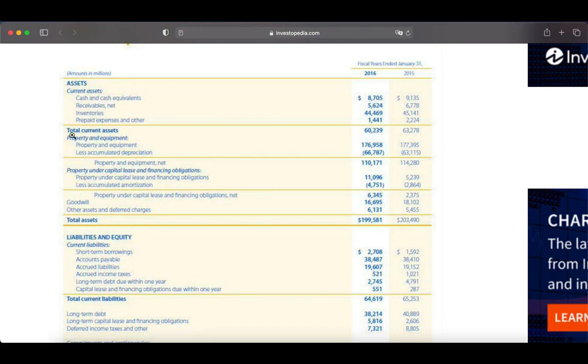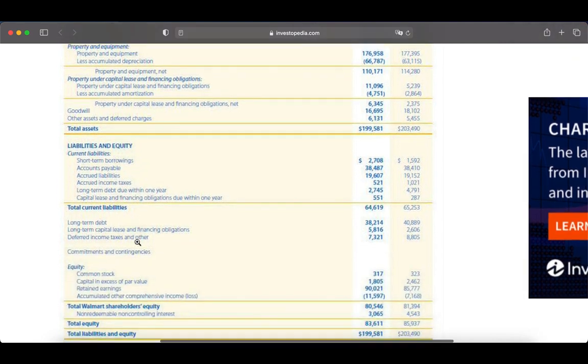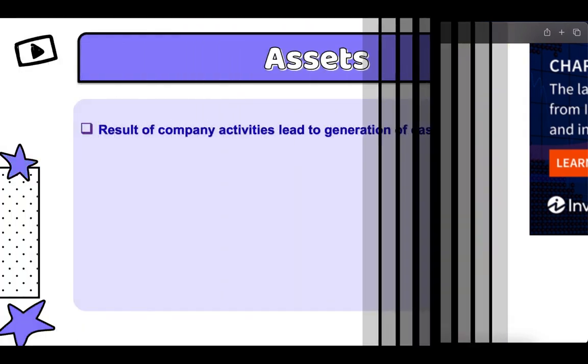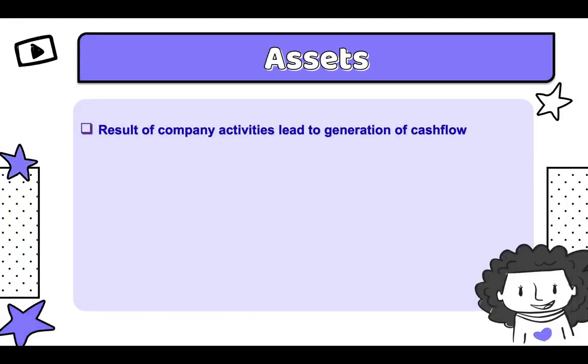Okay, let's talk about what these assets, liabilities, and equity are step by step. Assets are basically the result of companies' activities which should, in principle, lead to generation of cash flow, or in other words, financial benefits to the company.